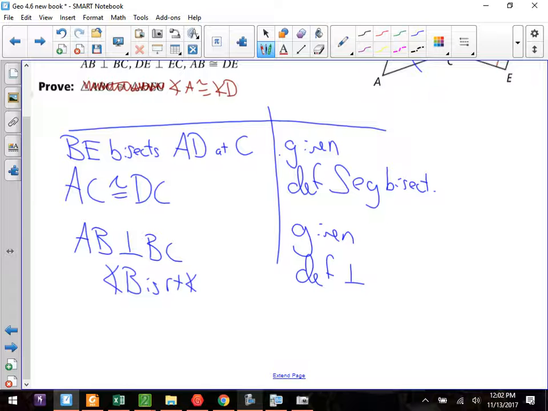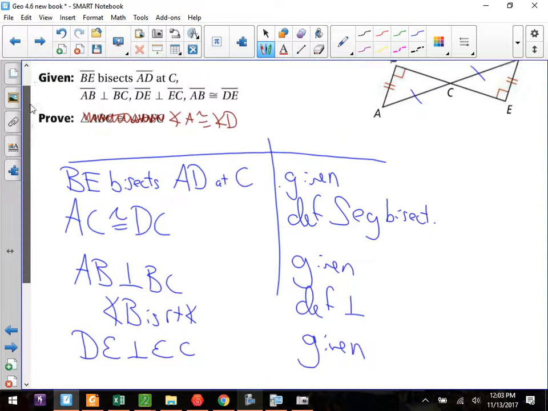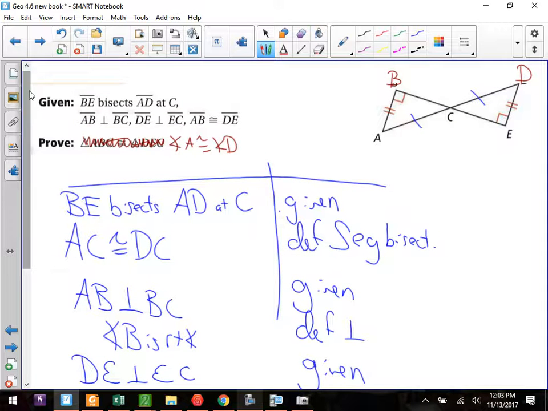I can't say that it's congruent to anything because I only have one angle right now, so I have to do the next bunch and say I have another one. That one was DE and EC? DE perpendicular to EC.